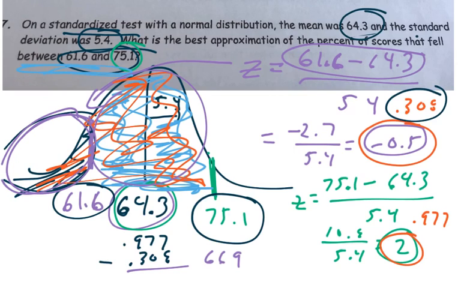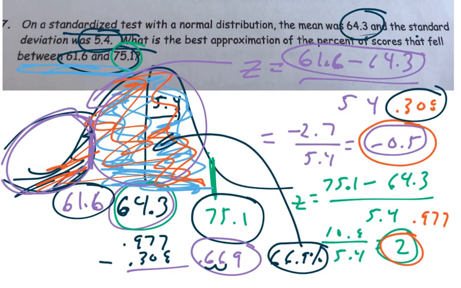So unless I made a mistake, guys, it's 0.669. And if I move the decimal twice, it becomes 66.9%. So what we just figured out, guys, is that everything in there between 61.6 and 75.1 would be 66.9% of all the scores.